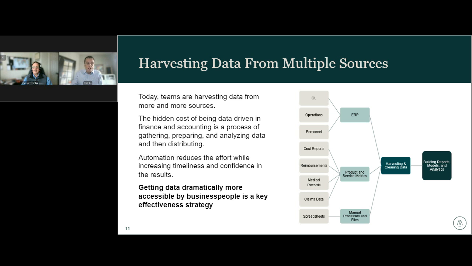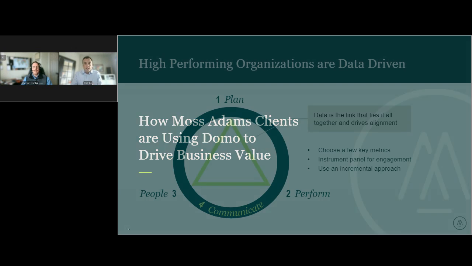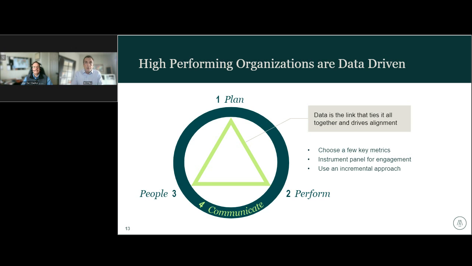Stepping into the next area, we're going to talk through how our clients are using Domo to drive business value. I think to start at the top, we all want to be a high-performing organization. What we've seen is all high-performing organizations are truly data-driven. They're using data that they've accumulated internally.